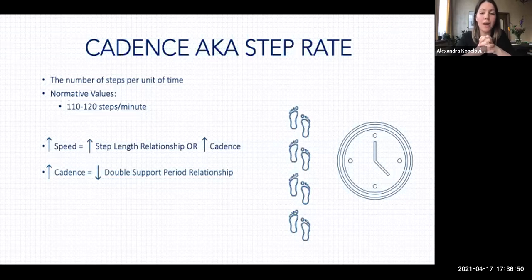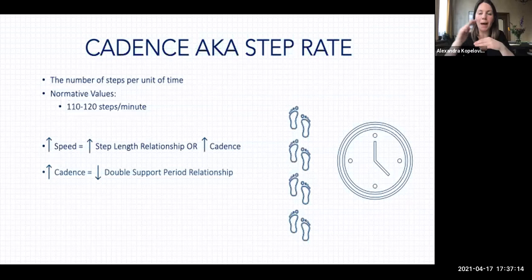With his colleagues, they found that when a person walks at a cadence of 80 to 120 steps per minute, there is a linear relationship between step length and cadence, meaning normally we tend to increase our step length as well as the frequency of our steps.